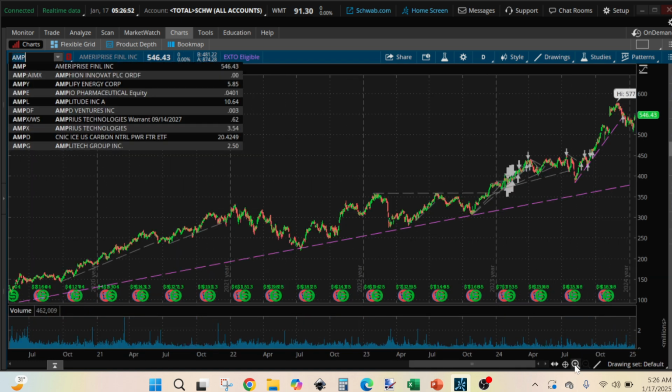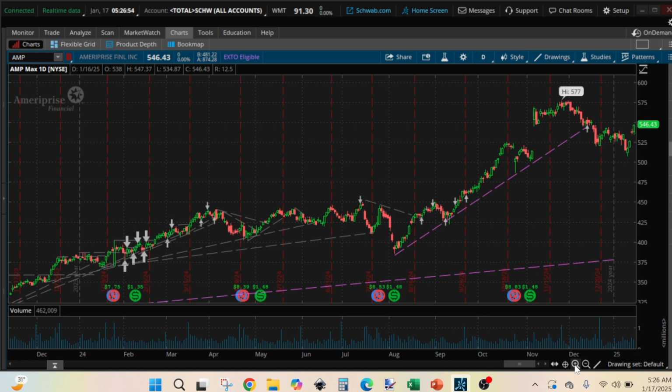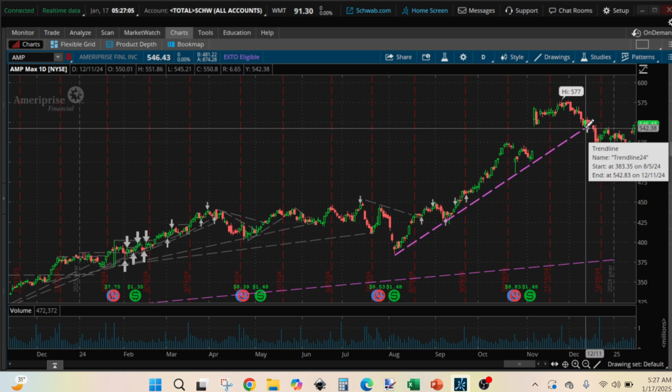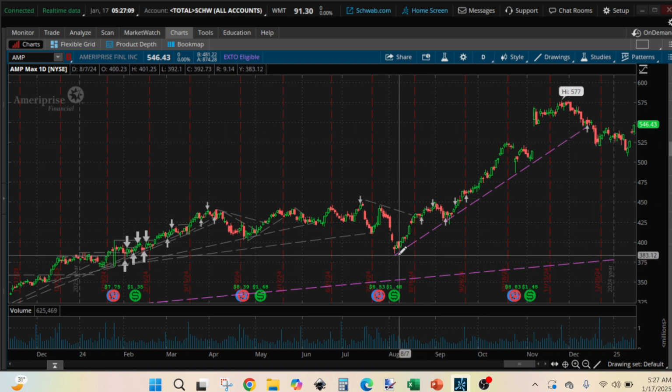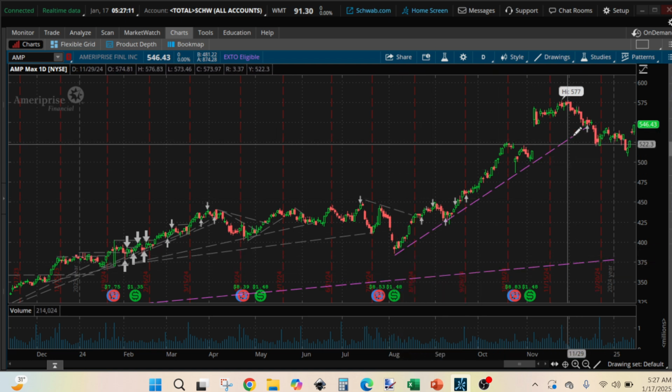you can see multiple arrows on the chart, just shows you where we purchased them last year, and we purchased it again right on this trend line, and that trend line is the August trend line.